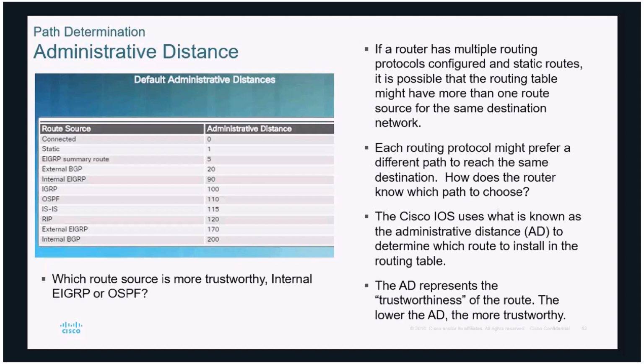You see here, connected is 0, static is 1, EIGRP is 5, external BGP, which is the internet protocol, is 20, OSPF is 110, RIP is 120. So which is the most trustworthy route out of all those? What do you think it is?